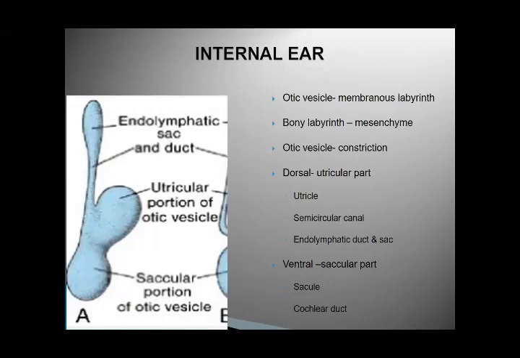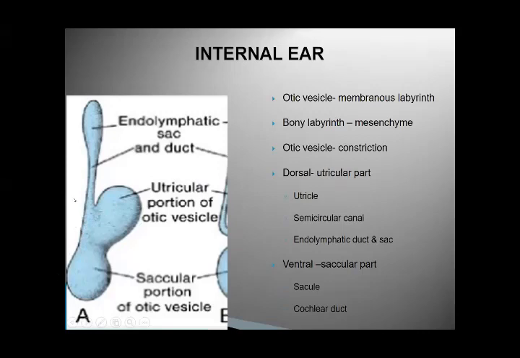अब उसी otic vesicle की हम बात कर लेते हैं. That structure that developed from surface ectoderm. With that, we discuss the development of internal ear. Okay. Now, this otic vesicle develops into membranous labyrinth. एक तो आप basic बात याद रख लीजिए.